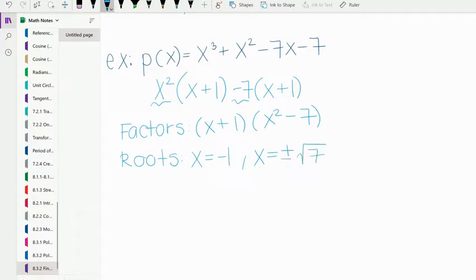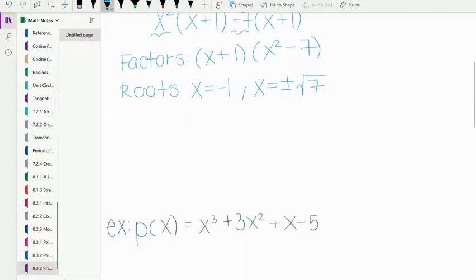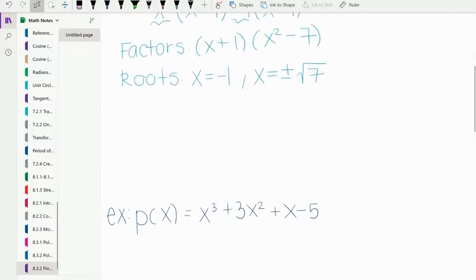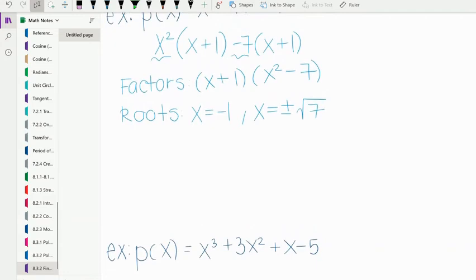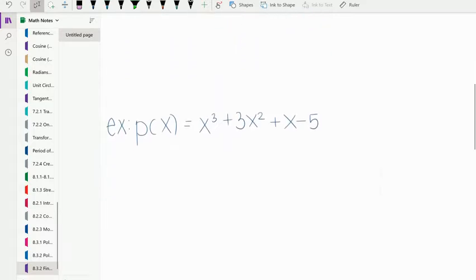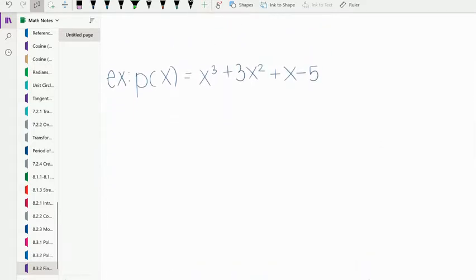So both of these were pretty simple because we had strategies to solve them, but it keeps on getting a little bit more complicated. So looking at this one, we actually can't factor by grouping because we won't have the same type of groups. So this is where we go to the rational root theorem. So that tells us that to narrow down the possible factors, you take the factors of the constant term and divide it by the factors of the leading coefficient.